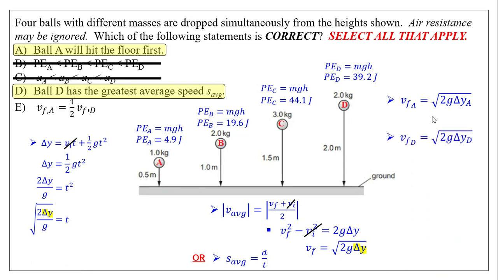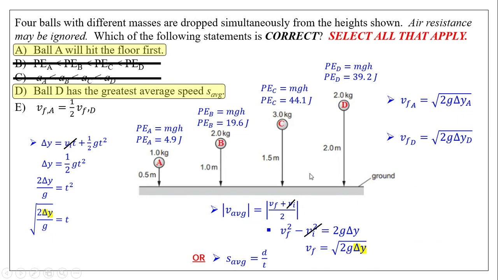You always need a reference point when you make a comparison. Here, I'm using the same function again, except replacing it with the subscript D. The 2 stays the same, g stays the same, and here it's changing to delta y for object D.